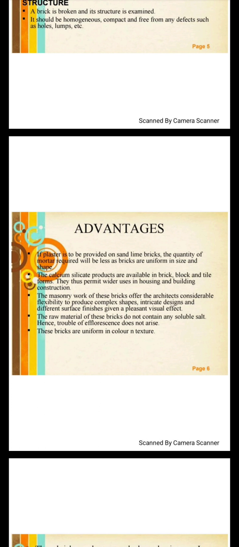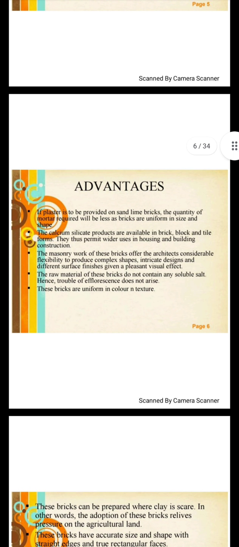They thus permit wider use in housing and building construction. The masonry work of these bricks offers the architect considerable flexibility to produce complex shapes, intricate designs, and differentiated surface finishes giving a pleasant visual effect. The raw material of these bricks does not contain any soluble salt, hence the trouble of erosion does not arise. These bricks are uniform in color and texture.